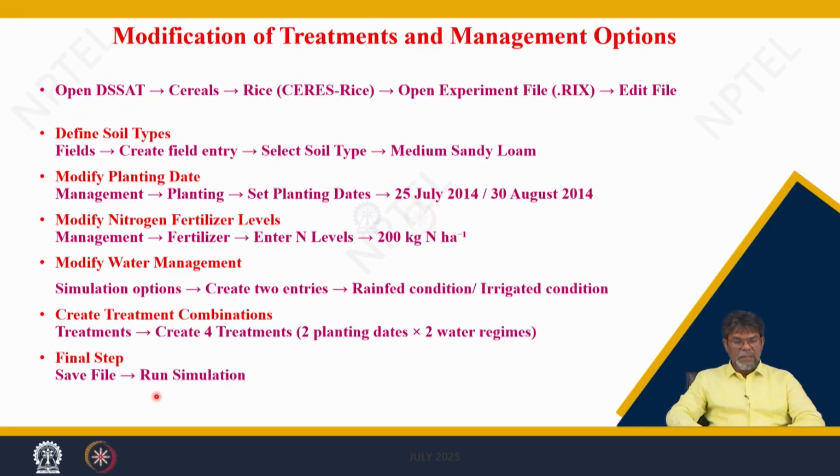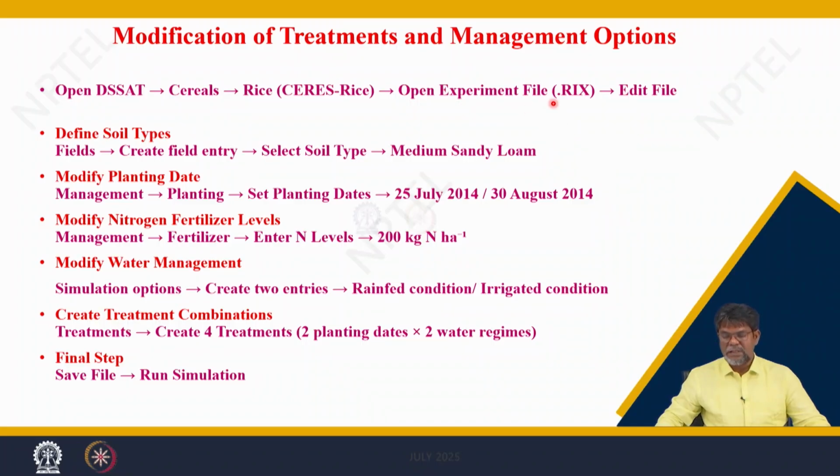For the treatment file, you can go to the same DSSAT, as we explained earlier, same class, same repetitions. Open the DSSAT format, go to cereals, CERES-Rice, and open the experimental file, then edit that file as per the question and the objective of the exercise.